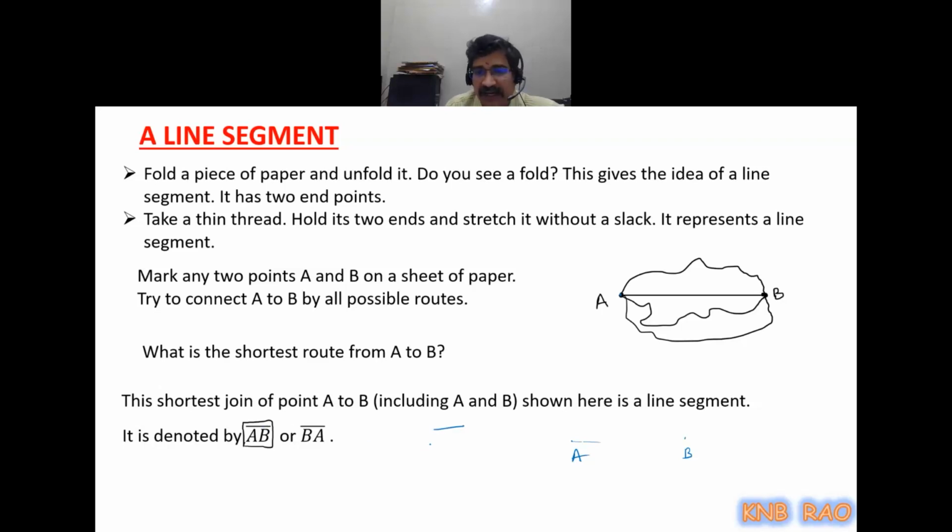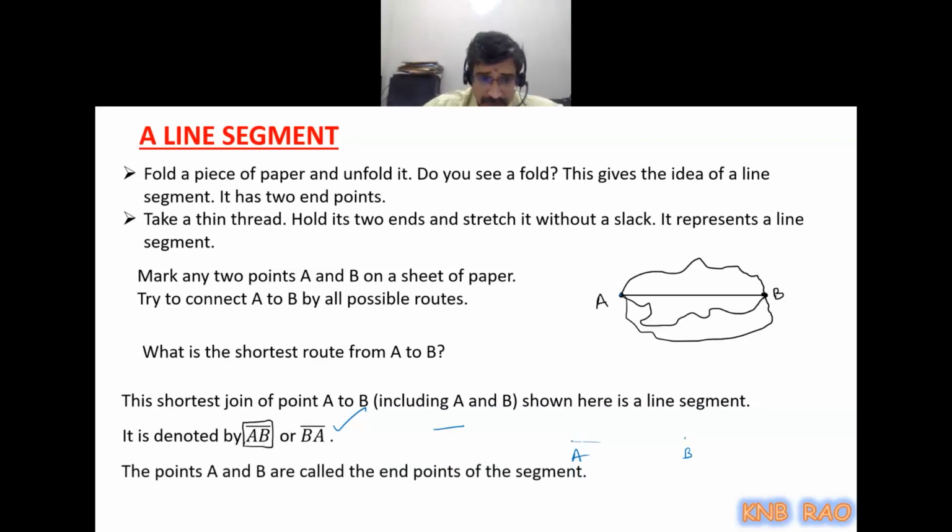Line segment AB can also be read as line segment BA. The points A and B are called the endpoints of this line segment AB.